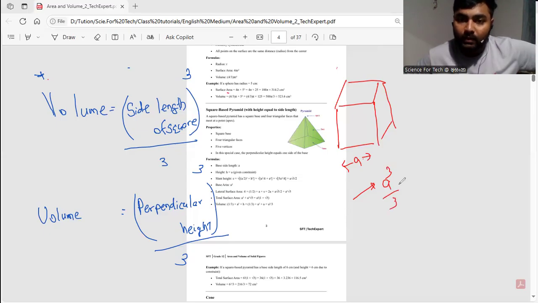If I divide this by 3, we can get the volume of the pyramid. But the thing is, the base should be equal. In that case, 1/3 of the cube's volume is equal to the volume of the pyramid. Are you okay now? Yes, sir.